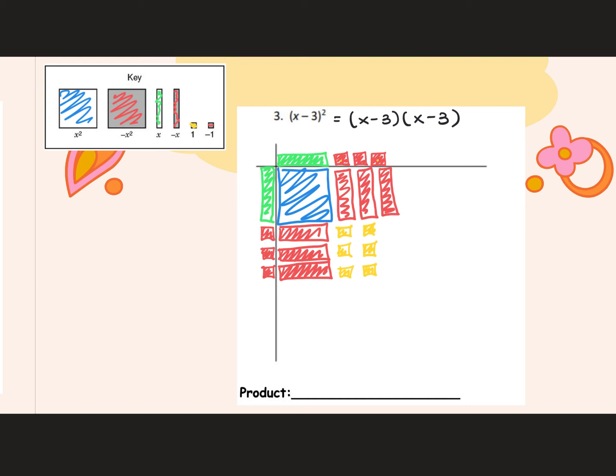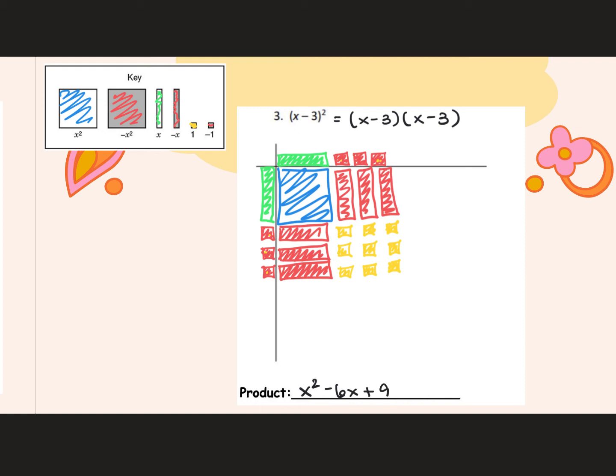Same here, negative 1 times negative 1, positive. All right, so looking here, I have x squared minus 6x plus 9.